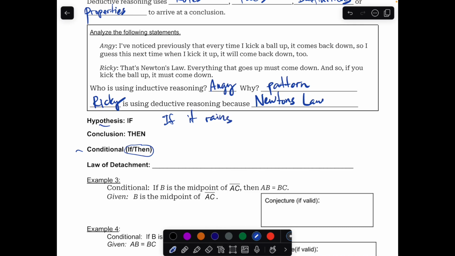Then is the conclusion. If it rains, then I'll get wet. So a conditional is the if and then together. So if it rains, I'll get wet.